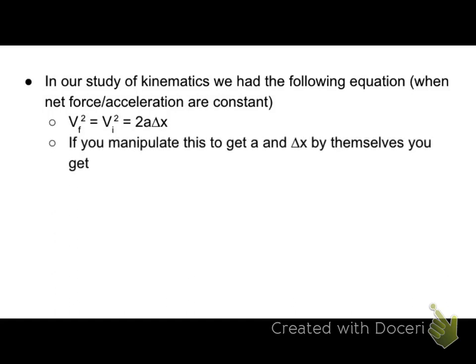If we manipulate this equation, moving things around to get the acceleration and the displacement on one side of the equation together, then we would get acceleration times displacement is equal to velocity final squared minus velocity initial squared, all divided by 2.